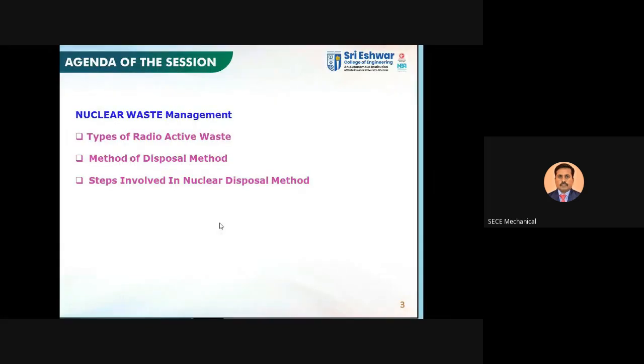So what is the agenda of today's session? We are going to discuss the nuclear waste management system: how the waste comes from the nuclear power plant, how it can be classified, the types of radioactive waste, and on what basis it is classified.